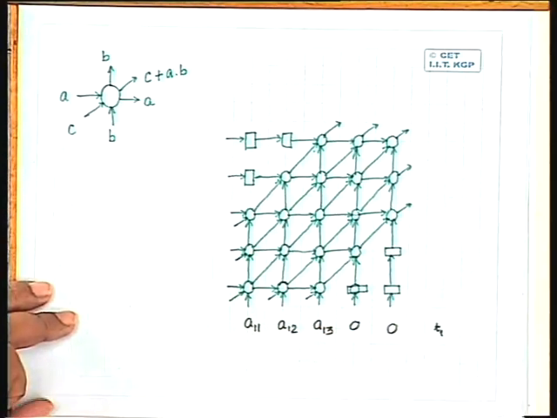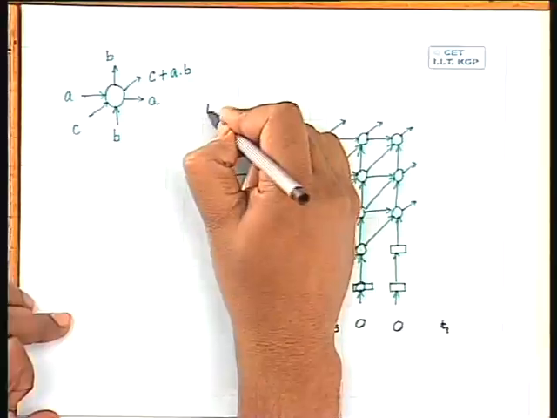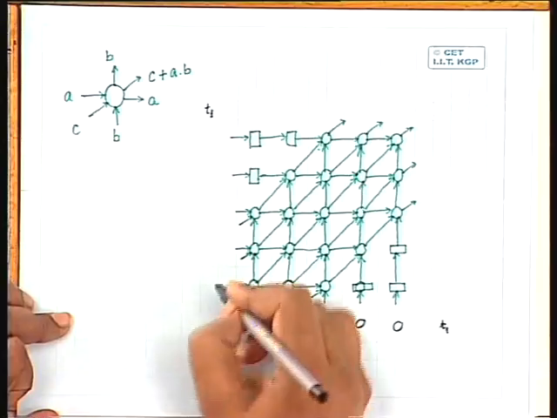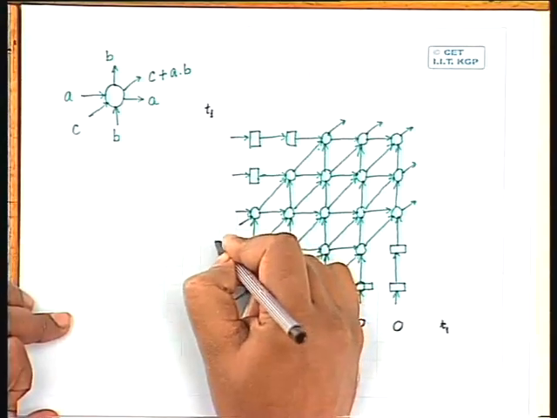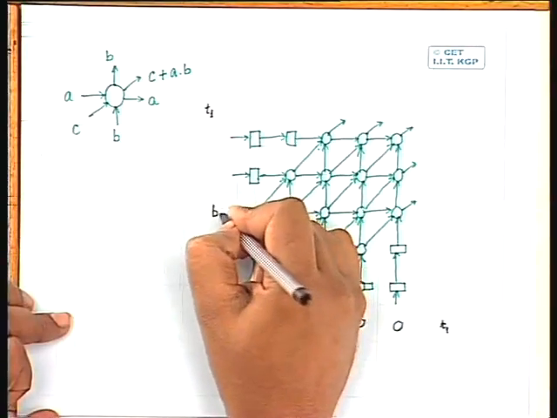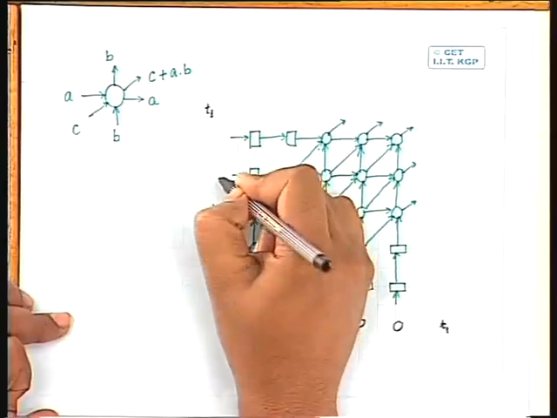So that is one row of matrix A. During the same time T1, we have to feed in one column of matrix B to these horizontal inputs. Okay. So those are B11, B21, B31, and these inputs are 0.